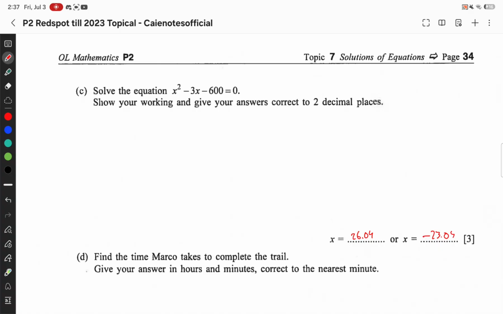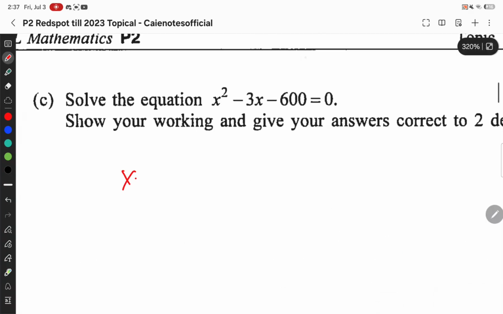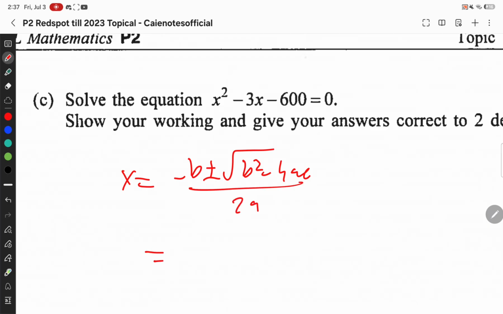So you unfortunately have to give your working. X is equal to negative b plus minus square root of b squared minus 4ac, all over 2a. X is equal to negative b, 3, plus minus. You can just evaluate the inside in your calculator or in your mind. You get what?